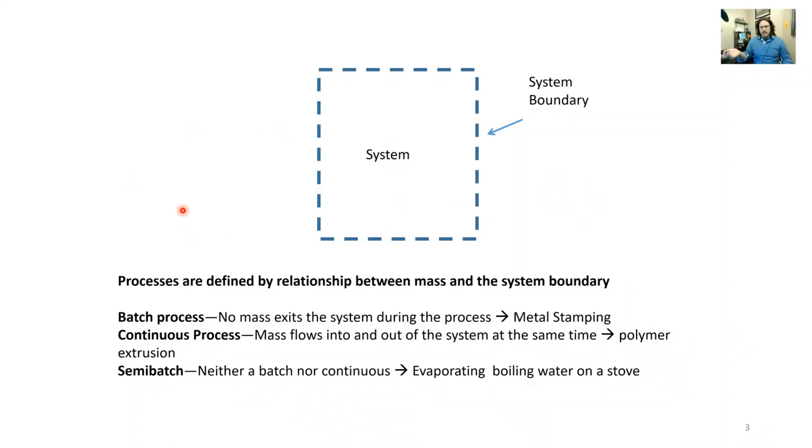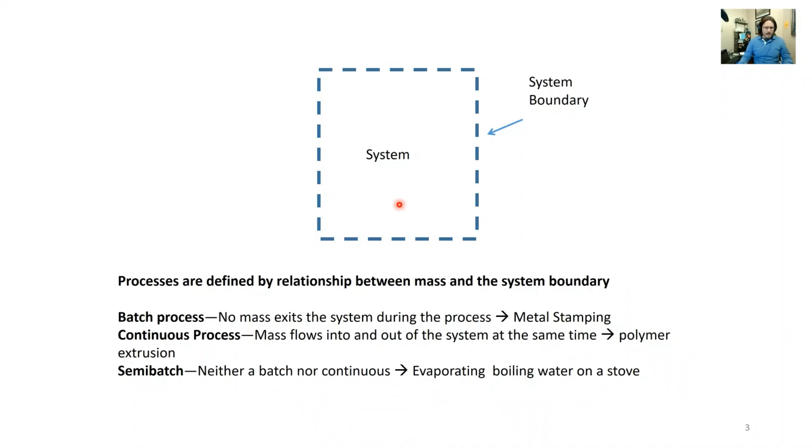When we start talking about energy balances, we talk about energy crossing system boundaries, and we only talk about the first law of thermodynamics in this class, but in later classes, namely thermodynamics, you talk about additional laws of thermodynamics.